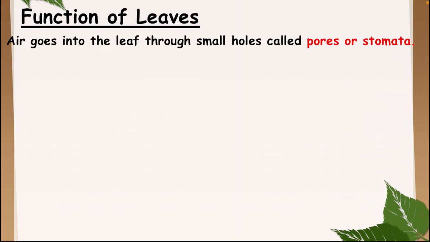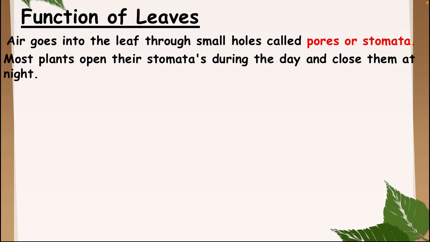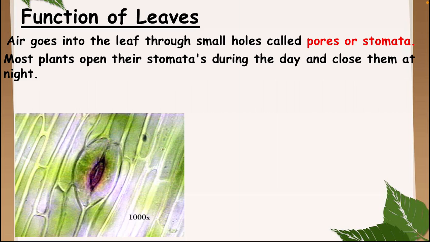Air goes into the leaf through small holes called pores or stomata. Most plants open their stomata during the day and close them at night. Now, what are the stomata? Stomata are mostly found on the underside of a plant leaf.